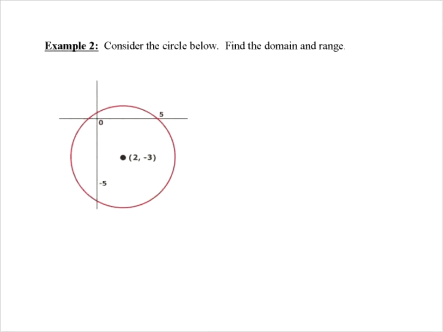So let's look at another example. Let's look at one where we have some minimums and maximums on both ends. If we look at the circle, we can see that if we're looking for the domain, that the x values start right here. This is the smallest x value that this circle can touch. And what's the largest x value?